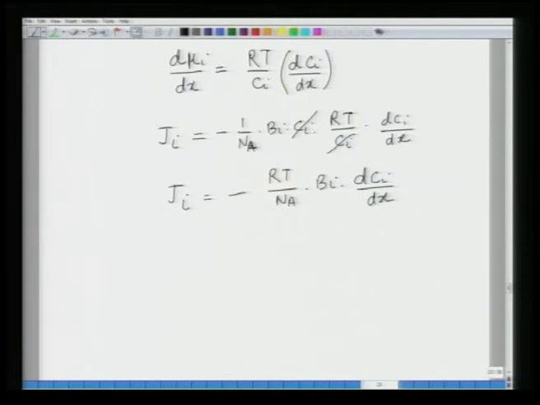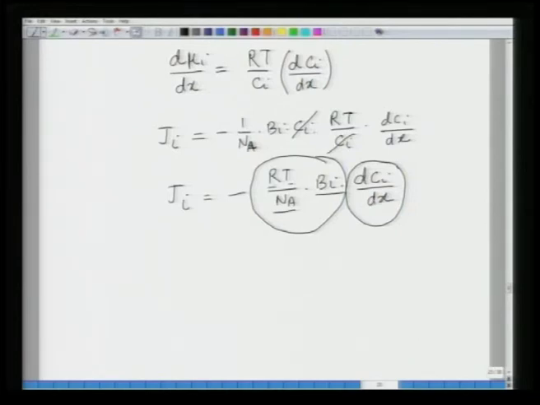Now, if you look at this expression, it has some similarity to Fick's first law, because you have a concentration gradient here and you have another factor which you can assume as a constant at the moment, because what you have is absolute mobility, Avogadro number, temperature and gas constant. And what does this look like?